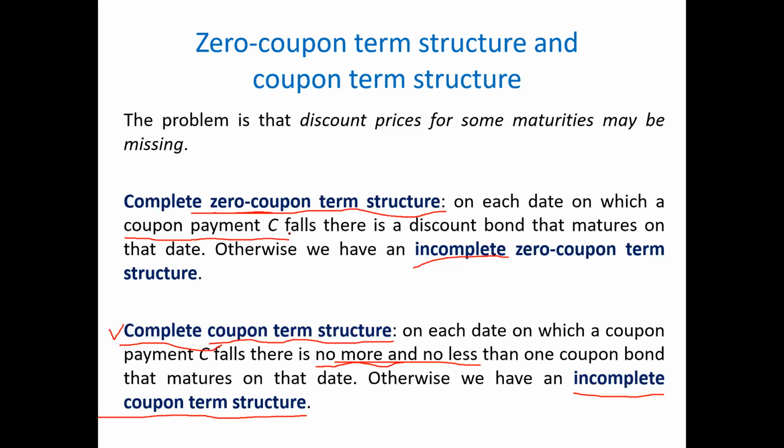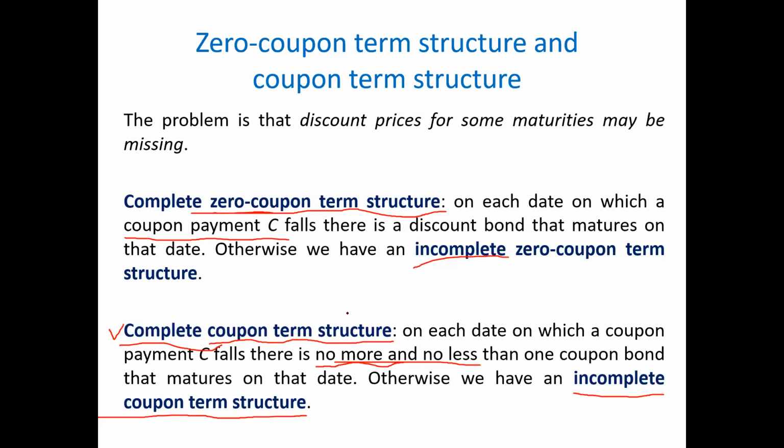So essentially the question is, can we have for each such date when payments fall discount bonds maturing on these dates, for all of these dates without any gaps, without any missing prices? If we do have this, then we can say that we have a complete zero coupon term structure. And the same for coupon bond prices: if for each such date we have coupon bonds maturing, then we have a complete coupon term structure.